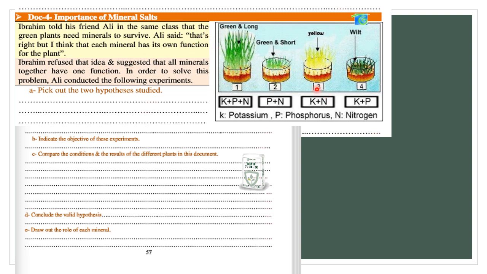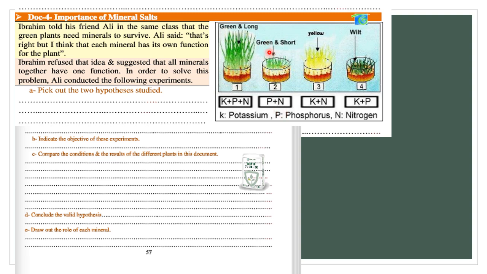We have four plants. Plant 1 with K, P, and N. K is for potassium, P is for phosphorus, and N is for nitrogen. So plant 1 with K, P, and N grows green and long. Plant 2 with phosphorus and nitrogen, no potassium here.